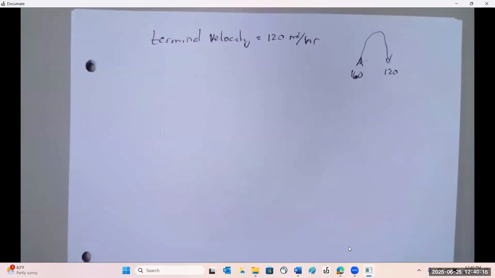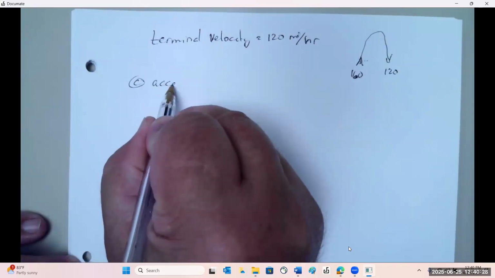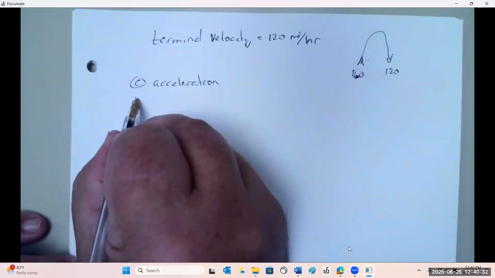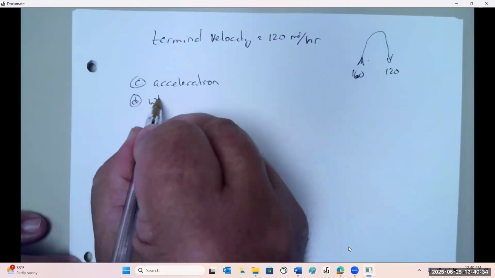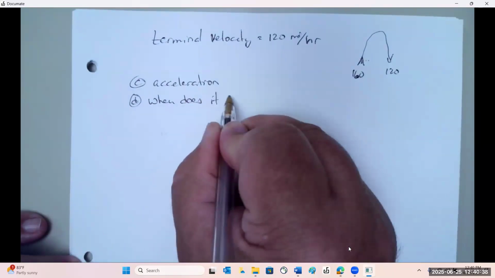All right. So the next question it asked was, what is the acceleration at any time t? And then when does the rocket hit the ground? So c is the acceleration, and then d is when does it land?